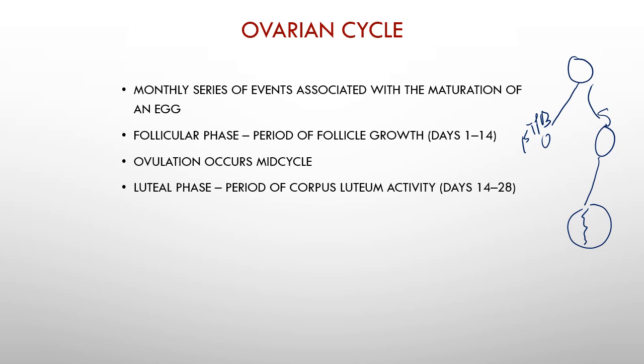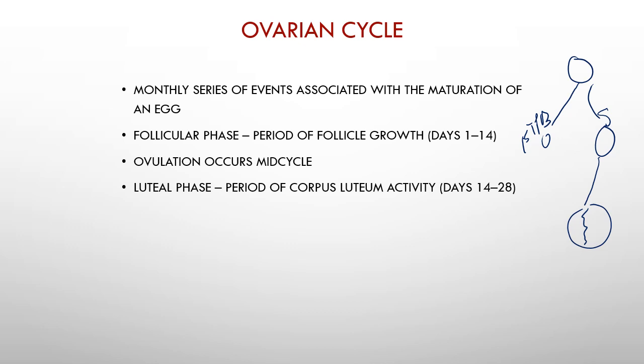So we have the follicular phase of the ovarian cycle itself, and this is all about the follicle. It gets us from the primary follicle into a secondary follicle and into a Graafian follicle where it can then be ovulated, up until day 14, where ovulation occurs.